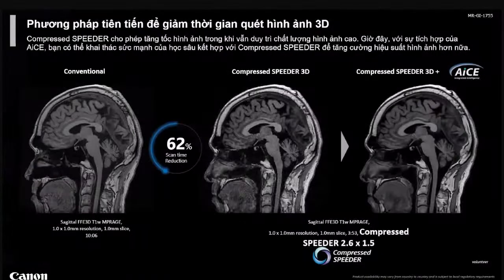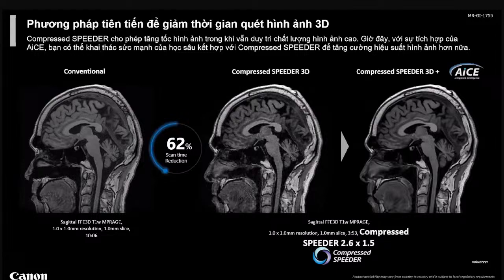This is a scan where we are using Speeder or Compressed Speeder, or some of you know it as compressed sensing. We can do a Compressed Speeder 3D scan and improve the scan times from 10 minutes on the left-hand side, which is the conventional scan of 10 minutes, 1.1 mm by 1 mm in-plane resolution with 1 mm slice thickness.